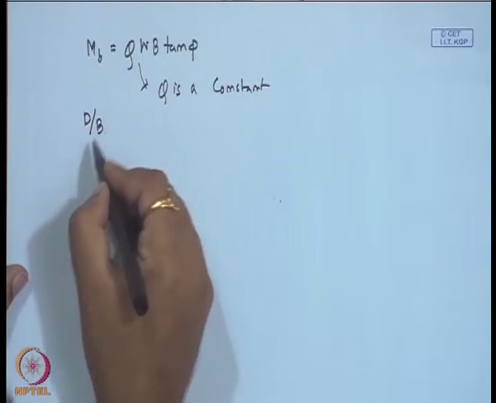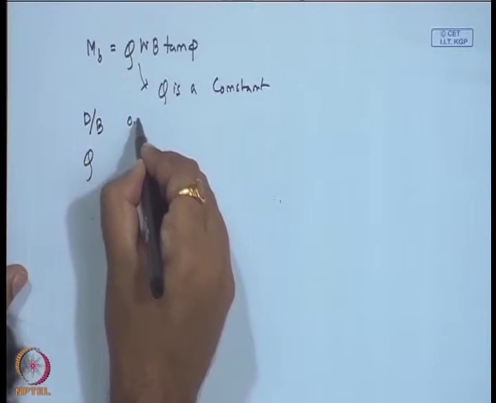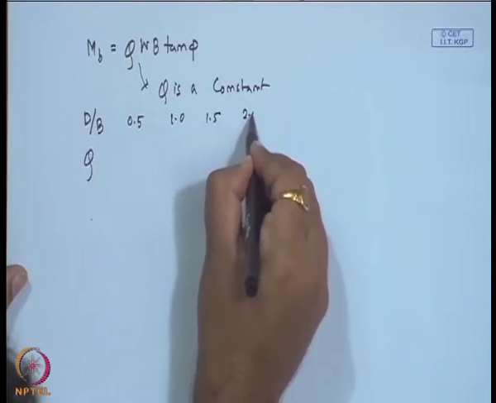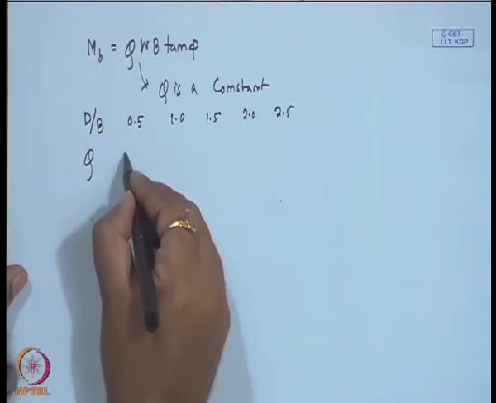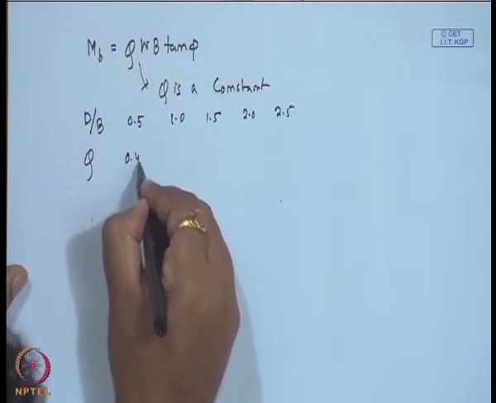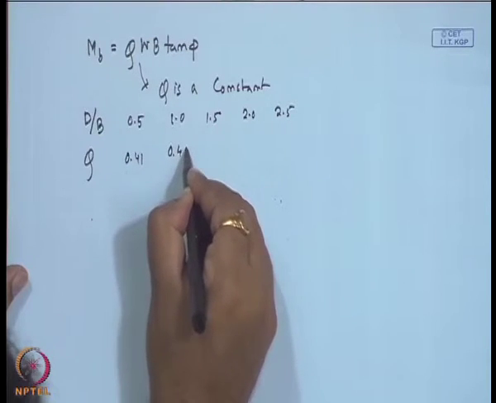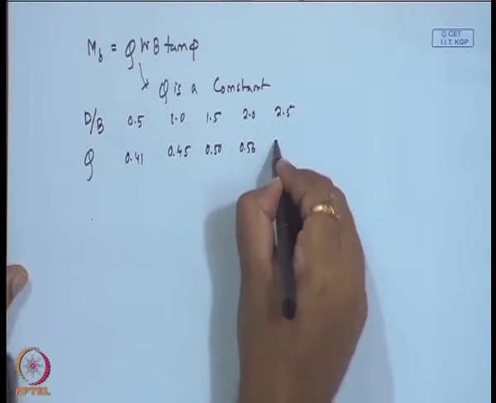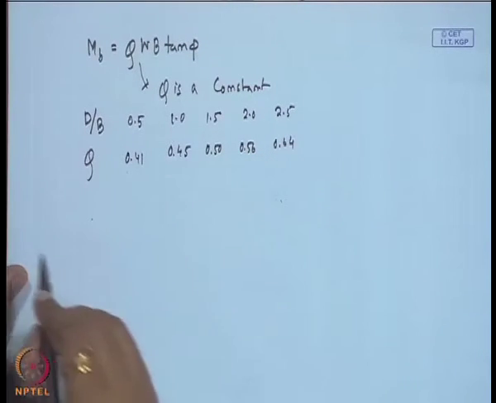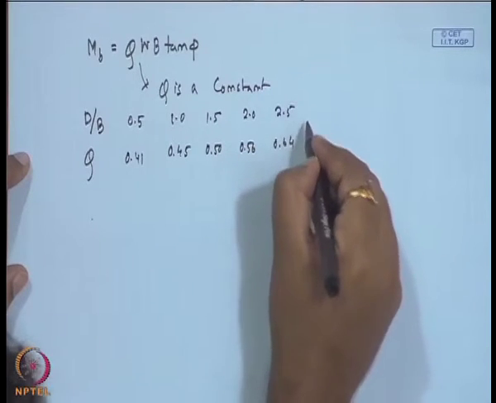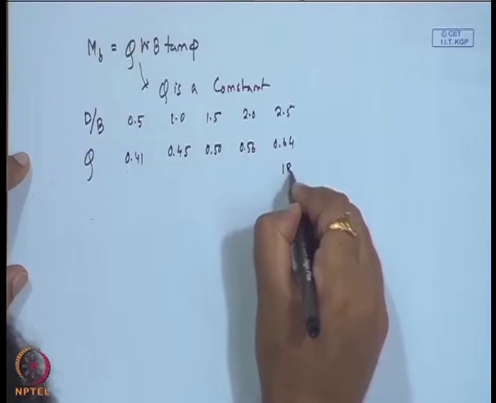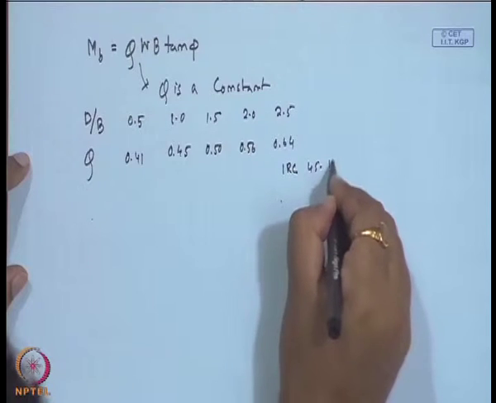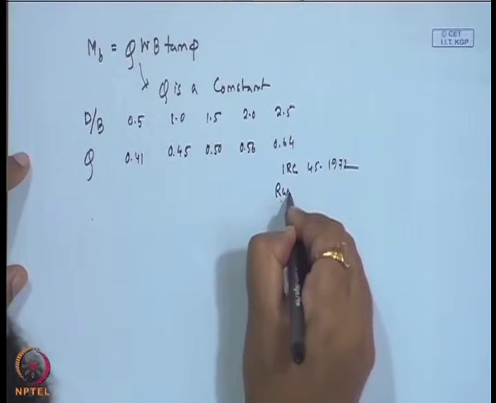So, D by B ratio and Q: if it is 0.5, then 1, 1.5, 2, 2.5, the Q value is 0.41, 0.45, 0.50, 0.56, 0.64. This is recommended by IRC 45, 1972 and taken from Ranjan and Rao.